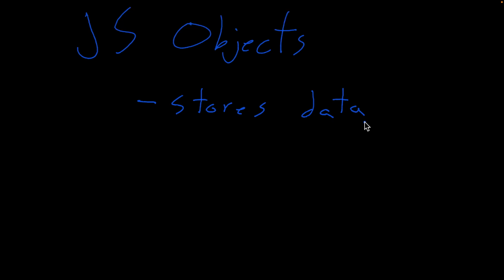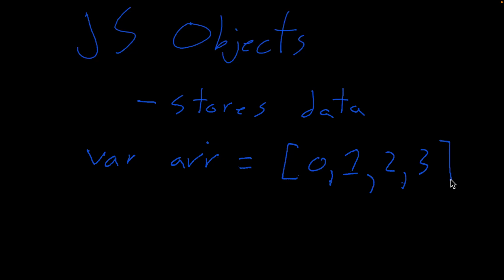It stores data, but don't we have other things that store data? Don't variables store data? Didn't we establish that those carry information? Doesn't an array carry information? It stores lots of data, right? So how is an object different, if an array stores data like this, say var r equals 0, 1, 2, 3, right?